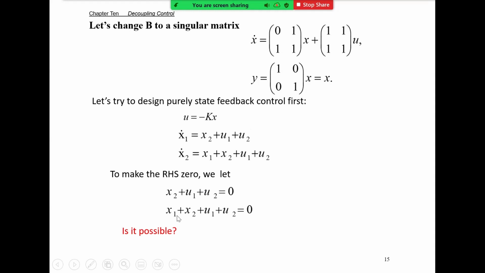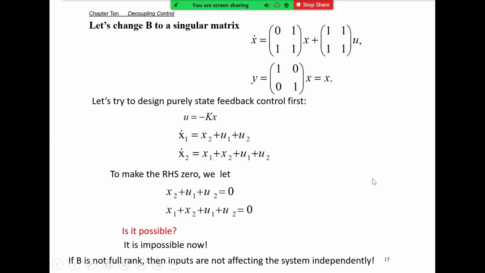So you cannot get a solution. That's how you can say the input matrix has to be non-singular. That's very important. If B is not full rank, then the inputs are not affecting the system independently.